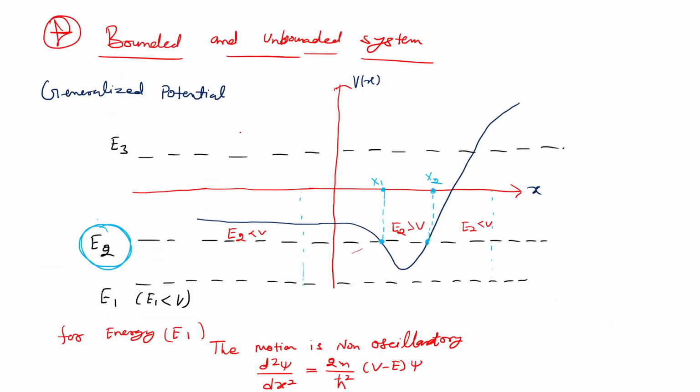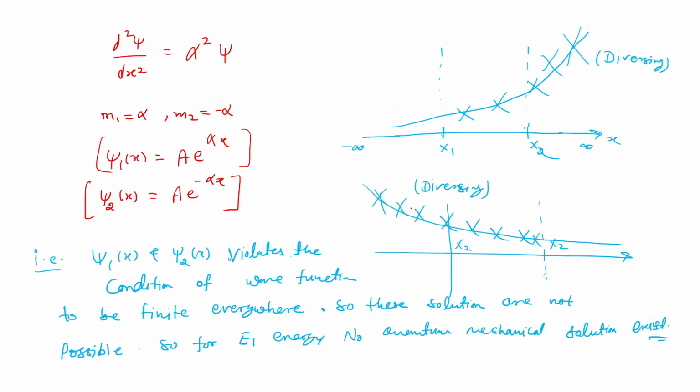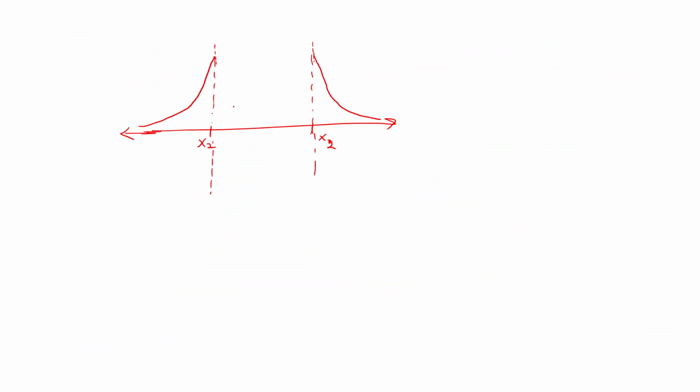You see, here E2 is greater than V, so the kinetic energy is positive. Here the kinetic energy is negative, and here also the kinetic energy is negative. So in that case, with positive kinetic energy, the nature of the wave function is oscillatory. This we have discussed in very much detail.